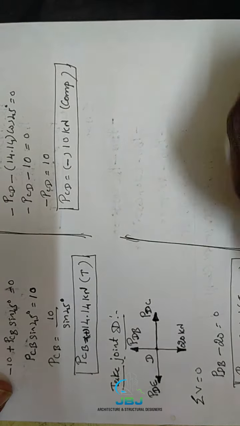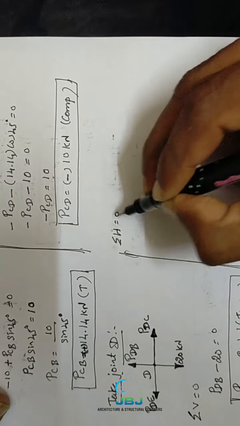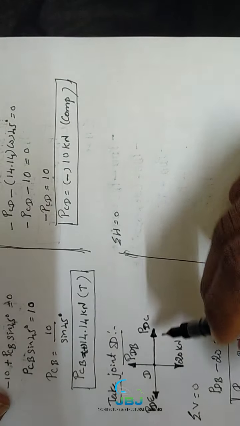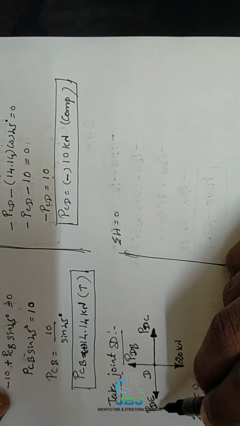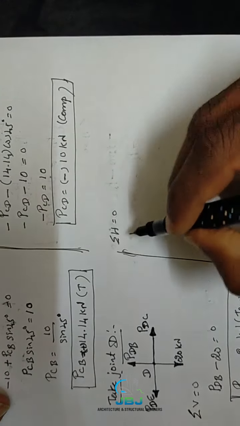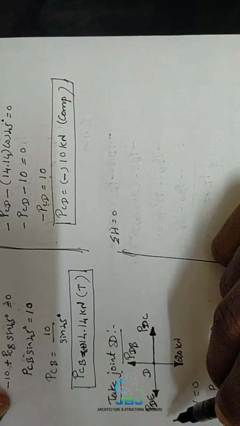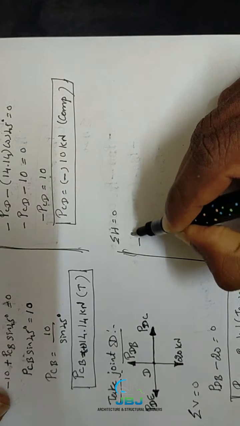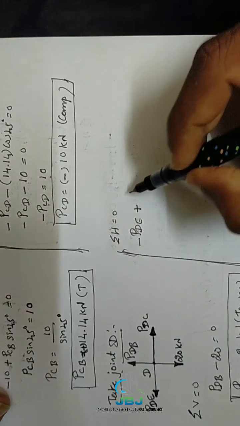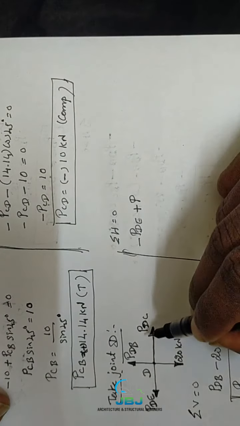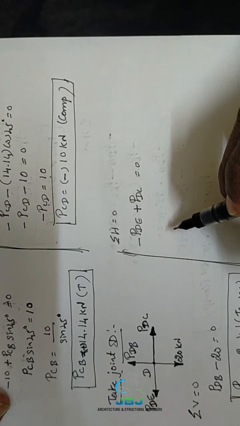Then second, summation of horizontal forces equals 0. Two horizontal forces are acting here, PDE and PDC. PDE is acting in the leftward direction, so we take the negative sign, minus PDE. PDC is acting in the rightward direction, so we put the positive sign, plus PDC, equals 0.